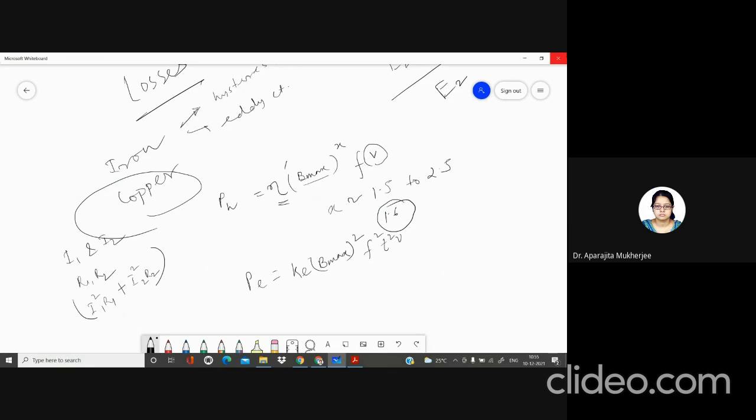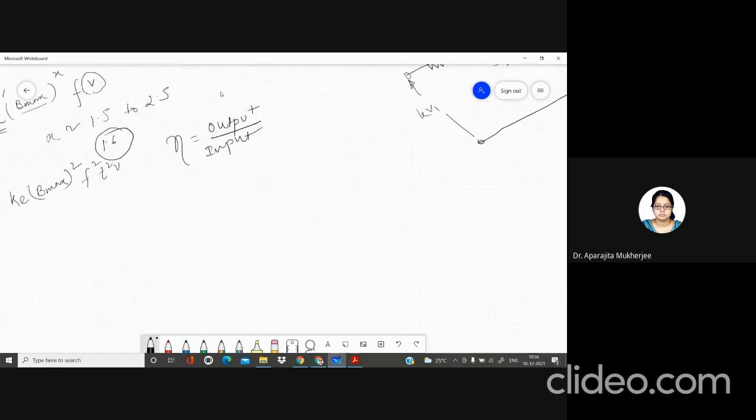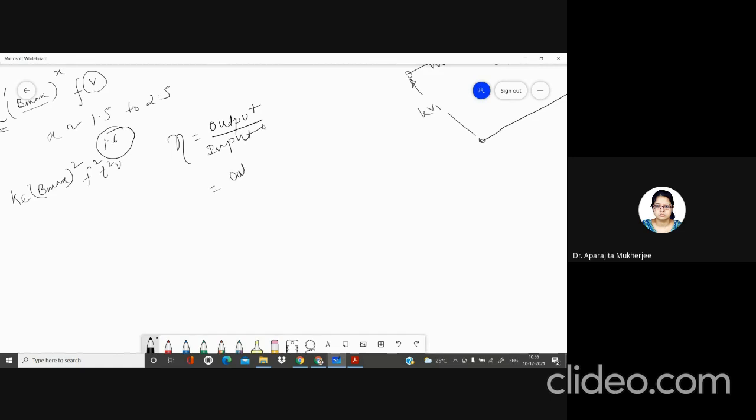That means efficiency is equal to output by input. Whatever the output is and whatever input we are giving, we can further write output divided by output plus losses.